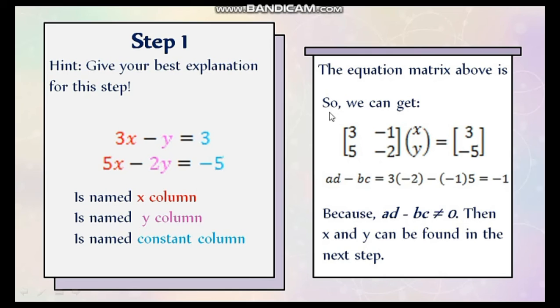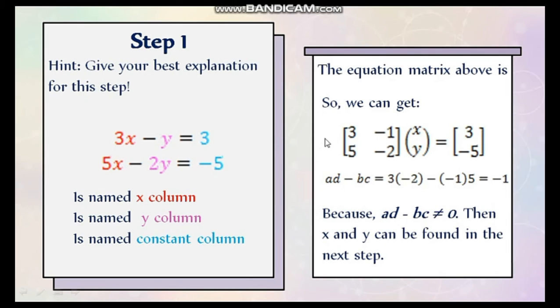So we can get the matrix [3, minus 1; 5, minus 2] multiplied by [x; y] equals [3; minus 5]. ad minus bc equals 3 multiplied by minus 2, minus minus 1 multiplied by 5, equals minus 1.